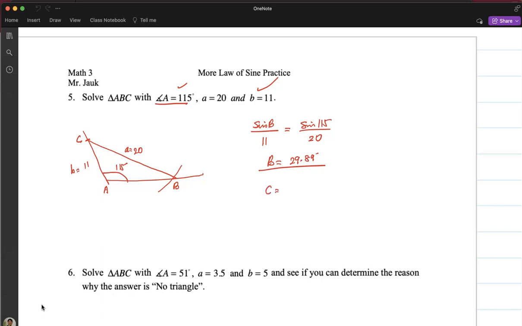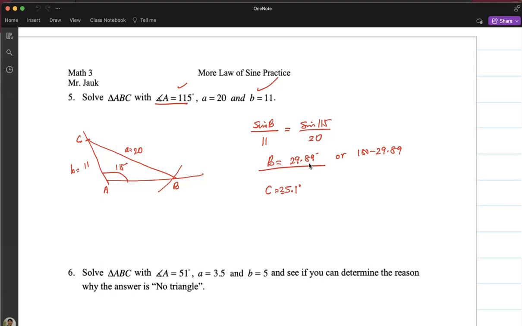Angle C is 35.1. Now listen, what is the other possibility? Whenever you do sine inverse, you remember, you do 180 minus the angle. This is the ambiguous case.